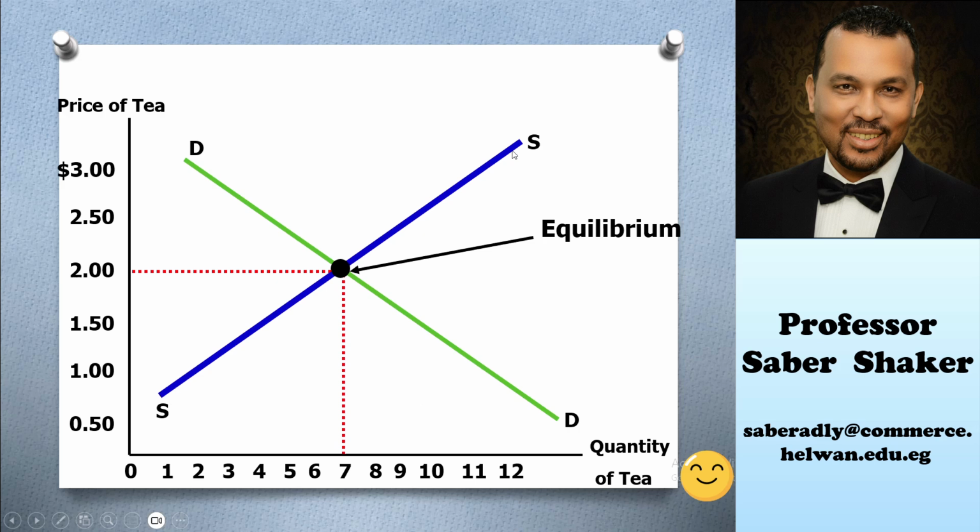Positive relationship, or upward curve, to explain the positive relationship between the price of T and the quantity of T. Where is the equilibrium? This point, the intersection between the demand curve and the supply curve. At this point, quantity demanded equals 7, and quantity supplied equals the same, 7. What about the equilibrium price? 2.